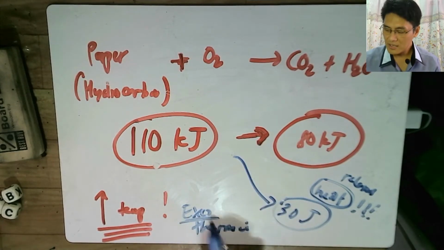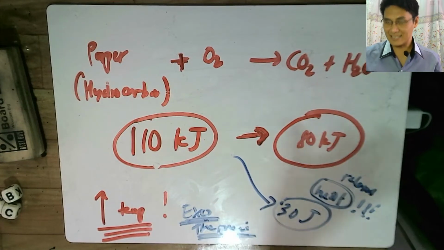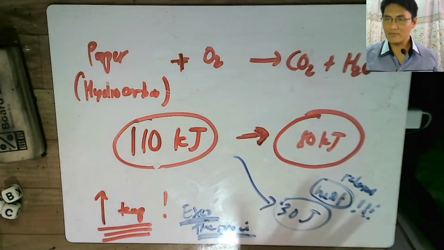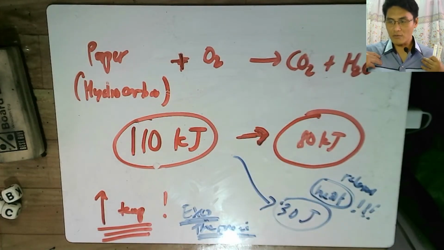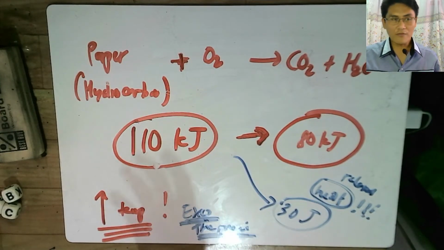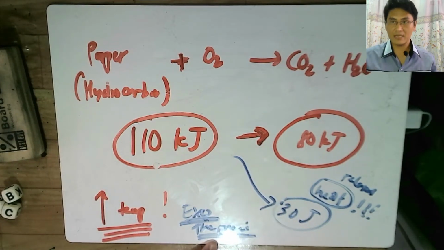Exo means to exit, thermic means the heat. So heat exits out of the chemical reaction, and when it exits, you as an observer would feel that heat, and therefore you would feel that the chemical reaction produces heat. That's an exothermic chemical reaction.